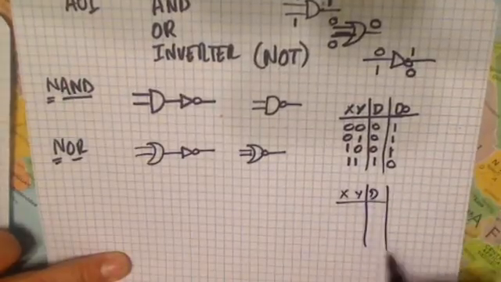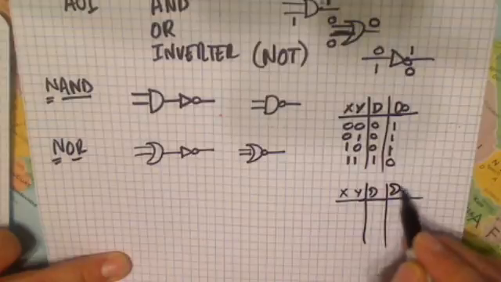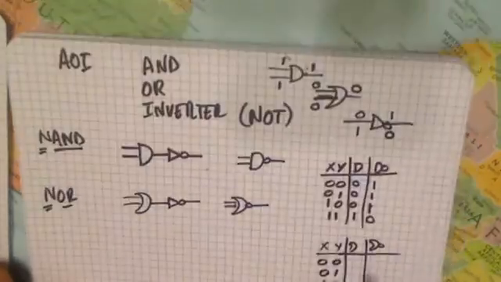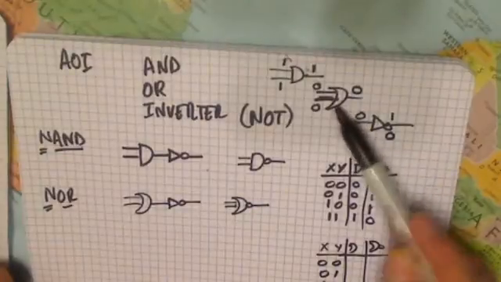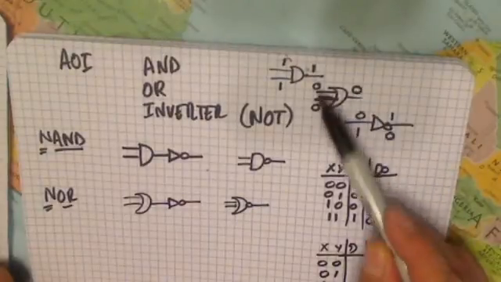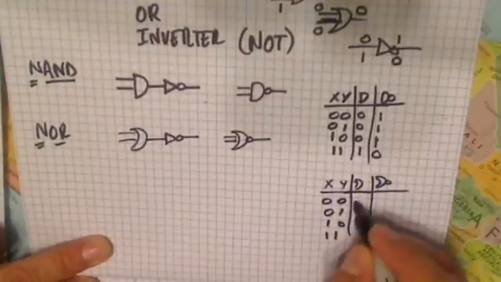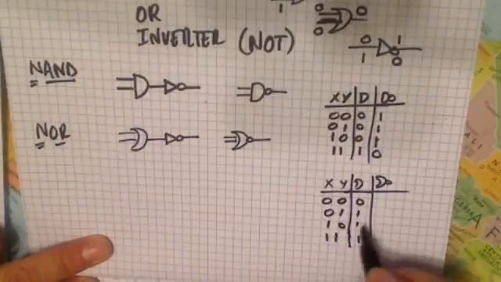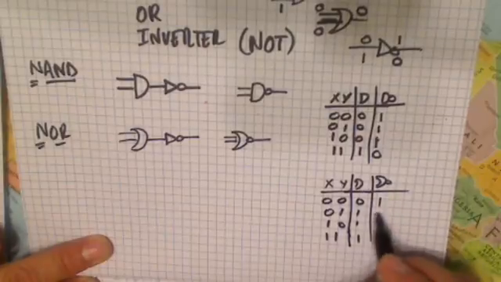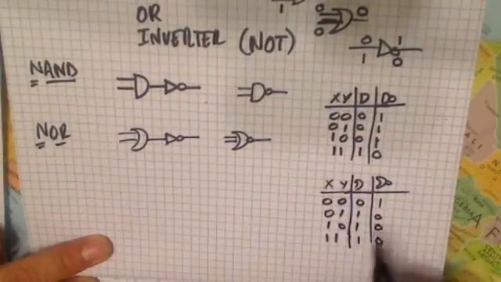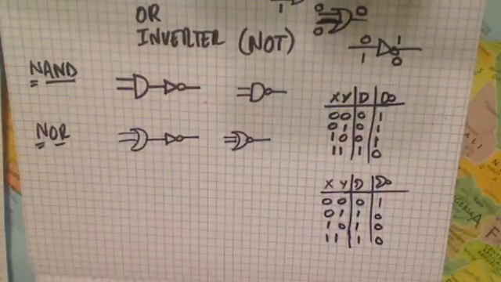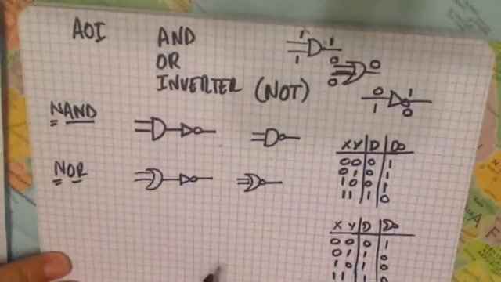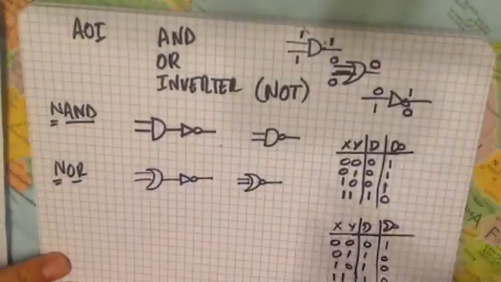So here's the OR, and here's the NOR: 0, 0, 0, 1, 1, 0, 1, 1. As we said earlier, for the OR, we only get a 0 when both inputs are 0. That means the only time we get a 0 is there, everything else is a 1. And of course the NOR will be the exact opposite because it gets inverted right there. So those are the truth tables for the NAND and the NOR, as well as the AND, the OR, and the inverter.